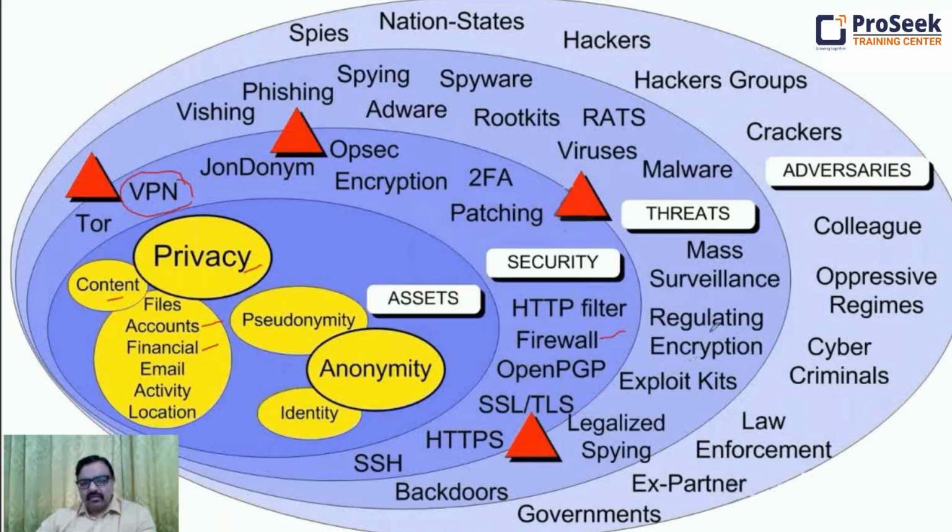Okay, fine. From where are these threats coming? Who are the players behind these threats? These are the adversaries. Adversaries can be hackers, most commonly, or spies from other nations. If there are two nations fighting, then obviously one nation would like to hack the other nation's information, because information is everything these days.